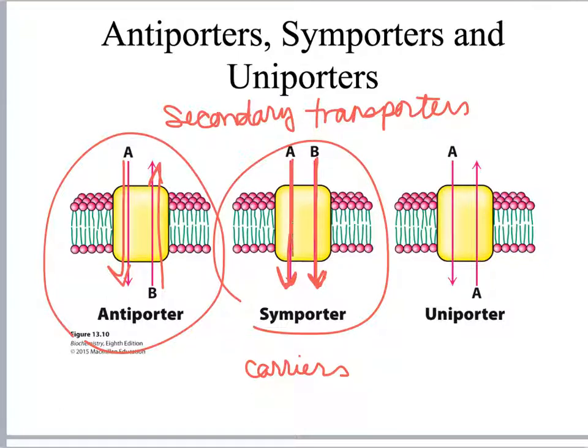And then the uniporter, which is shown here, this is the same substance being moved in opposite directions. So in one direction it's down its gradient, in the other direction it's against its gradient. So these are the three different types of secondary transporters.